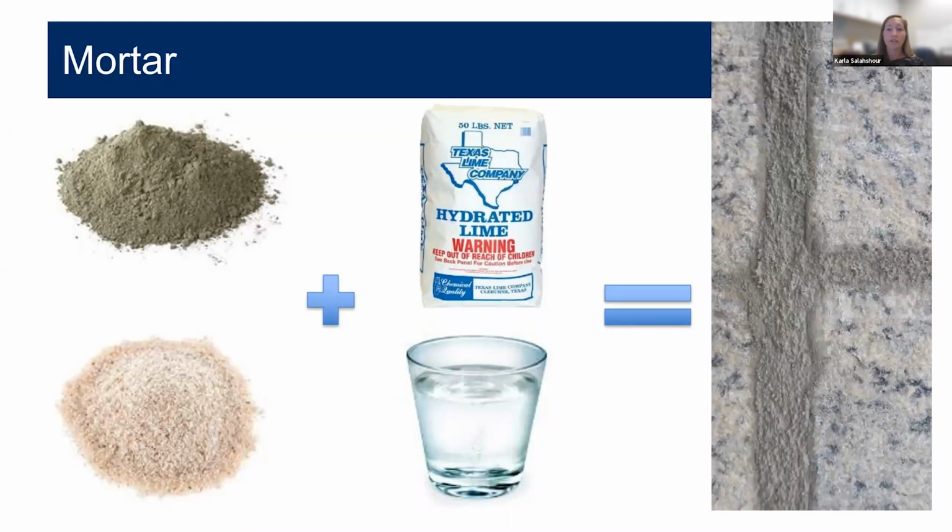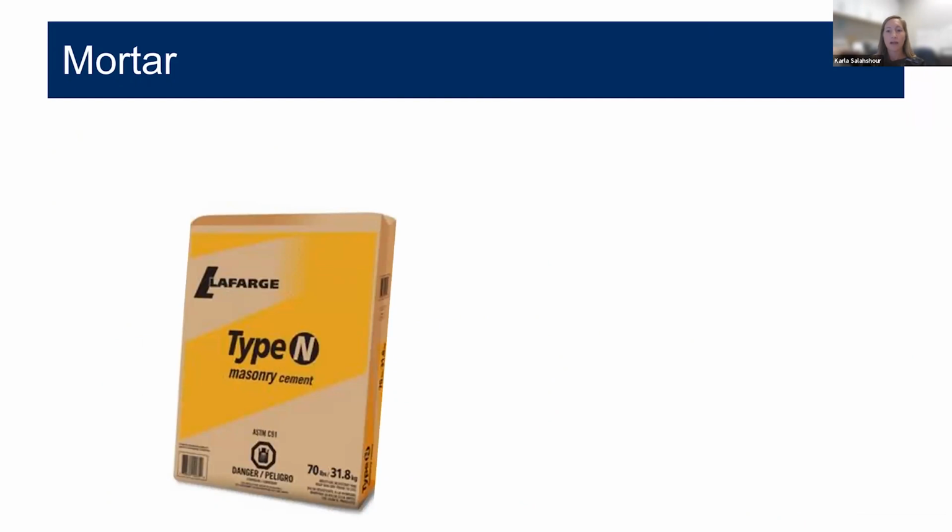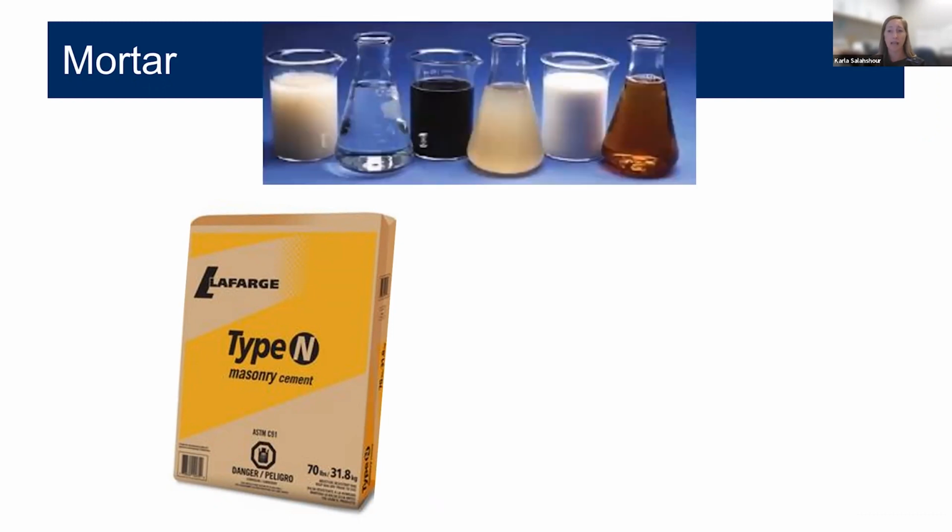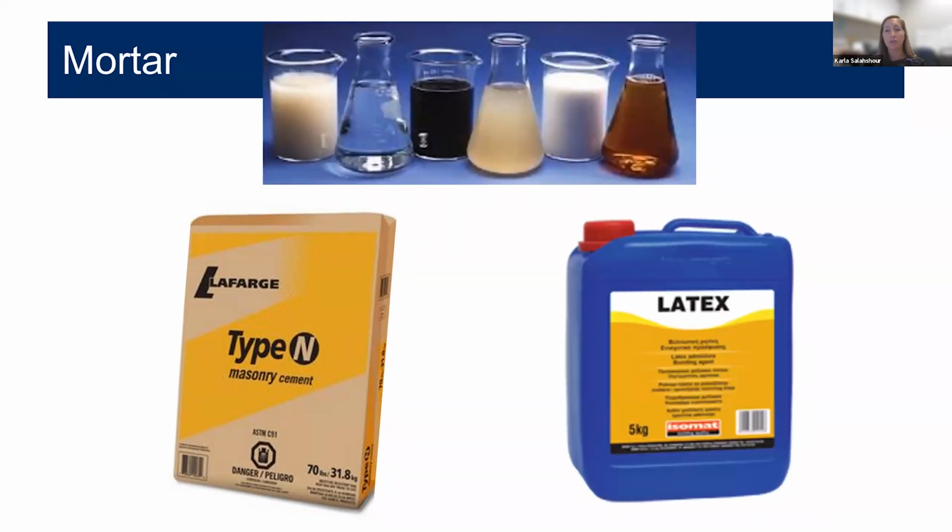As far as the material changes that we're seeing in mortars, there's a trend away from traditional field batching and mixing using solely Portland cement, lime, and sand and water. And we're starting to see an increased use of pre-bagged mixes. And while some of these pre-bagged mixes contain more traditional ingredients, some of them can contain additives. These additives can be admixtures, they can be polymers, they can be limestone fines, or any other SCMs.